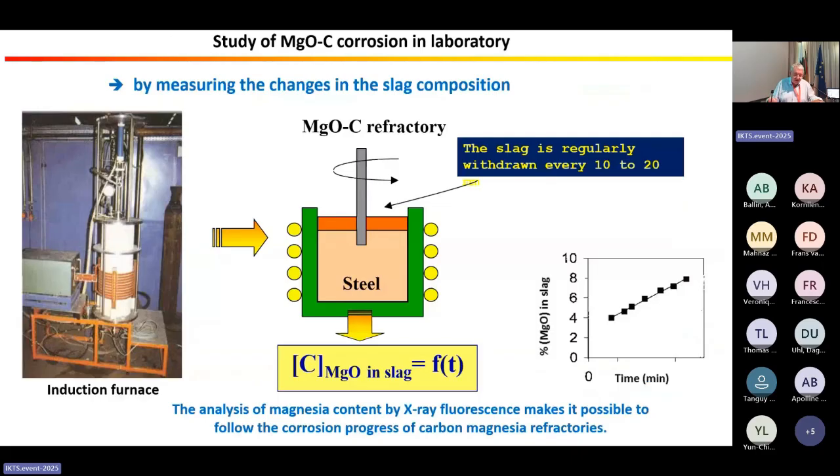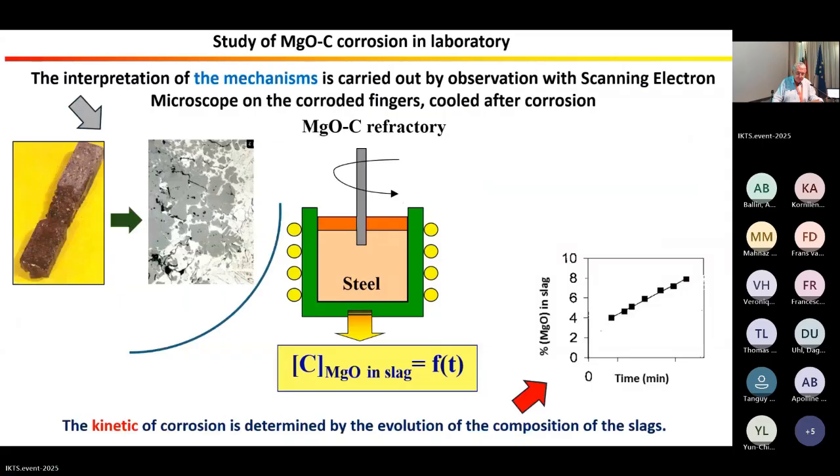You measure the wear of the refractories by measuring the change in the slag composition. The slag is regularly withdrawn every 10 to 20 minutes, and we determine the evolution of the composition of magnesia in slag, which is correlated with the corrosion of the refractory versus time. And the analysis of magnesia content, for example by X-ray fluorescence, makes it possible to follow the corrosion progress of carbon magnesia refractories.